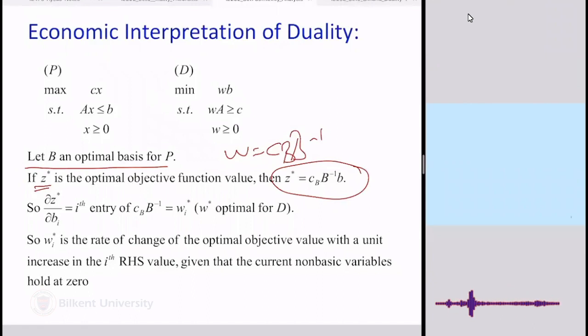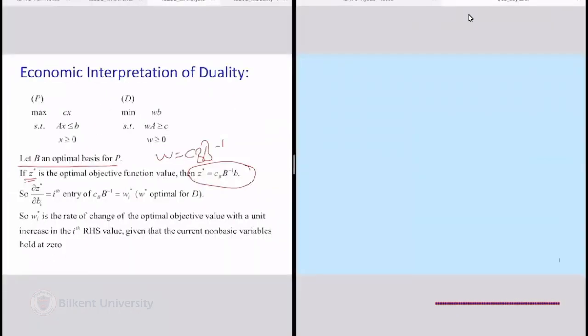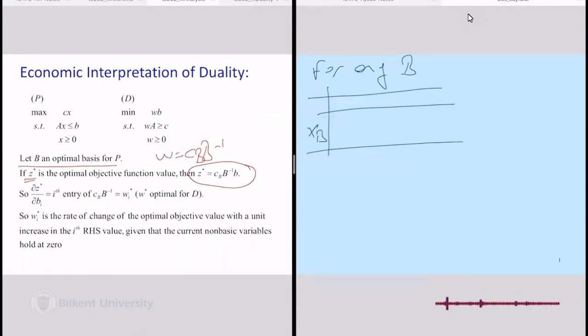And if you want to remember, let me put here this simplex table for any B. For any B, my simplex table looks like this. Here I have XB. Here I have B inverse A. Here I have minus C plus CB B inverse A. Here's B inverse B. And here's CB B inverse B. Depending on how you write your columns, your XBs, XN, or if you carry your starting BFS, whatever, this table will get identity somewhere and zeros under those basic variables.